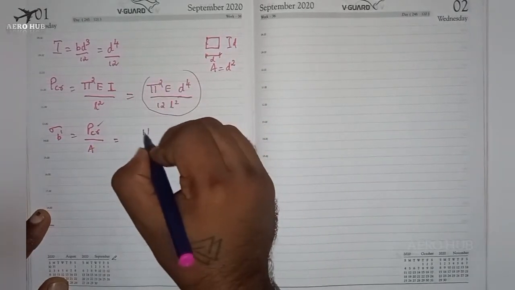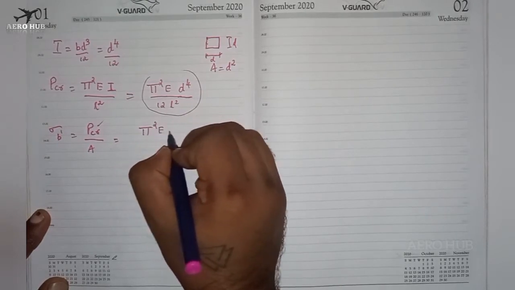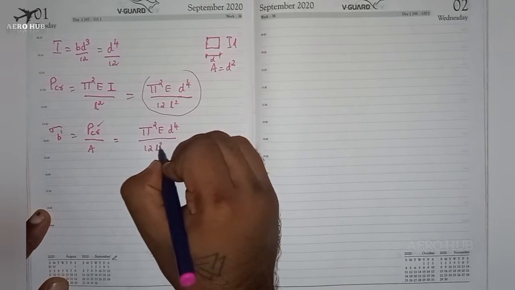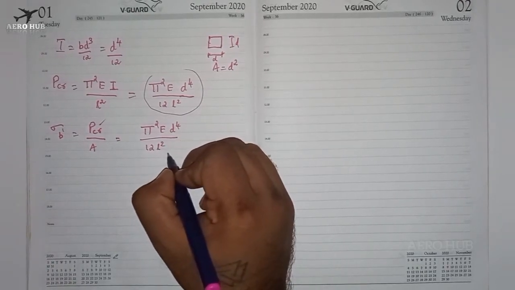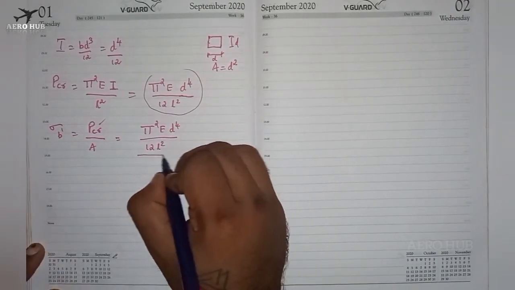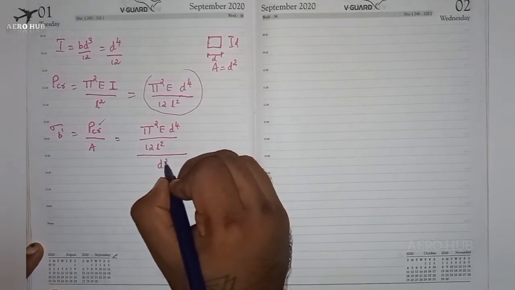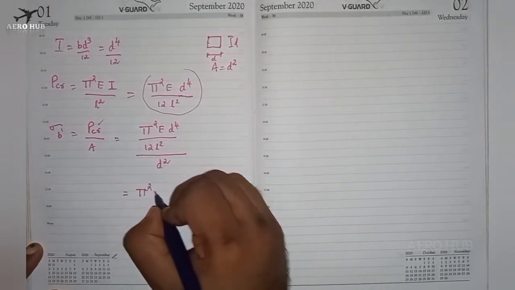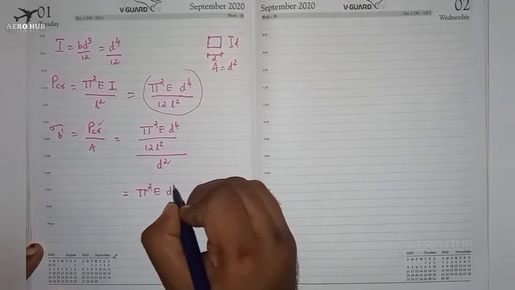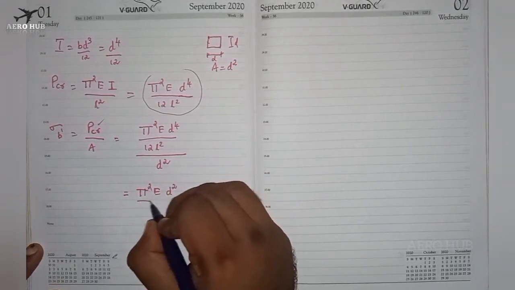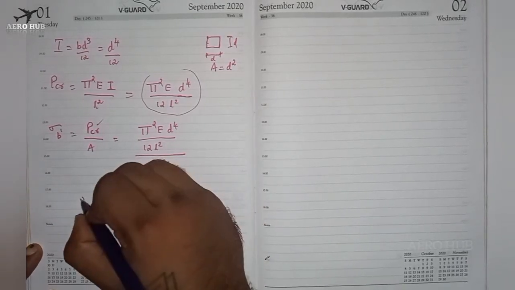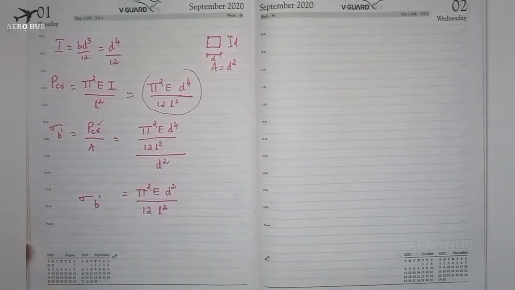So this will be pi square E into D power 4 divided by 12 L square, divided by D square. Finally I will be getting pi square E into D square, we can cancel this out, divided by 12 into L square. This is the value of sigma b dash.